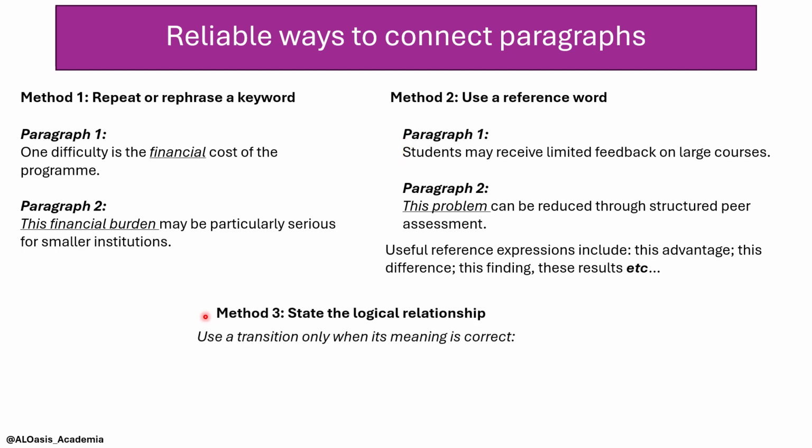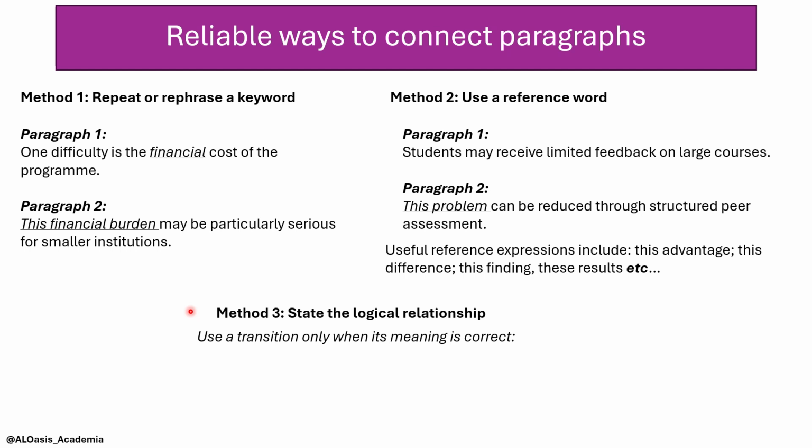Then we get to the third method, which is using a logical relationship. For example, if the second paragraph starts with "however", it means that now we're going to talk about something in contrast to the first paragraph. This is, I think, one of the most common ways I see students link one paragraph to the one before.